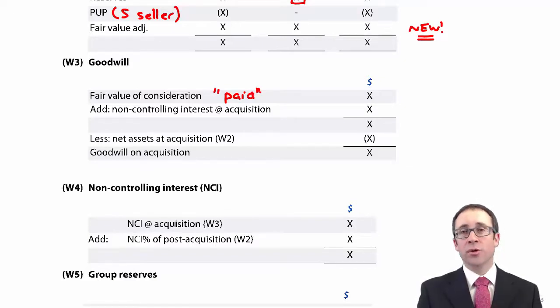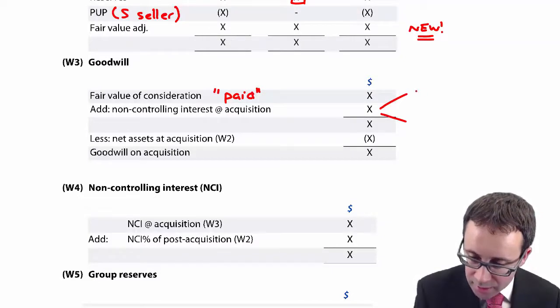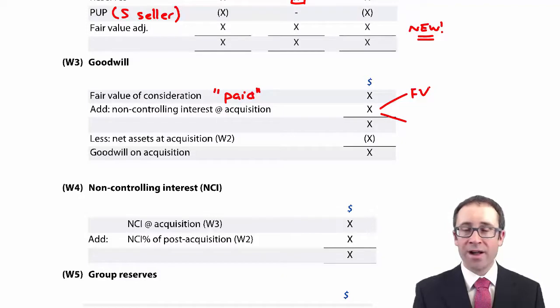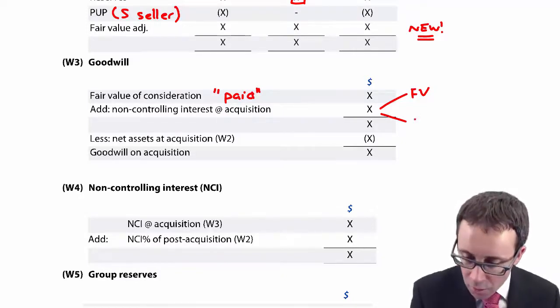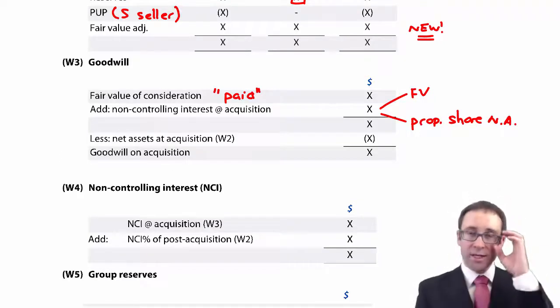You then add on the non-controlling interest. Remember, when you're looking at the non-controlling interest, you either put in the non-controlling interest at fair value, so it's true worth, or you put in your proportionate share of net assets.